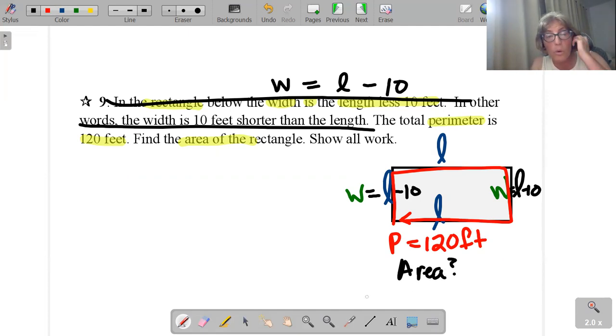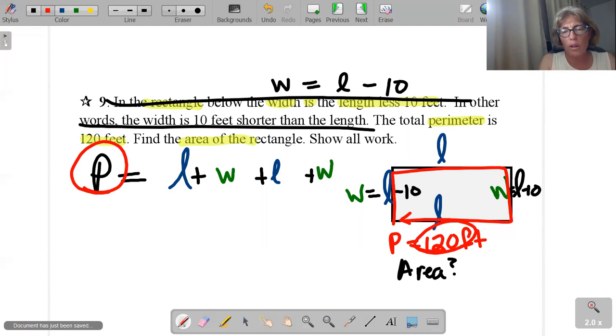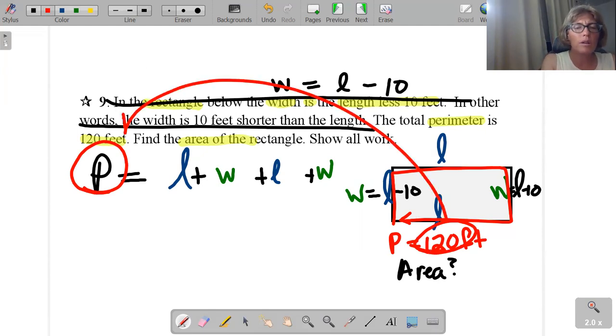You'll always start with what you have. You have the perimeter. So perimeter equals length plus width plus length plus width. Now we circle, plug, chug. Perimeter, and we plug it in.